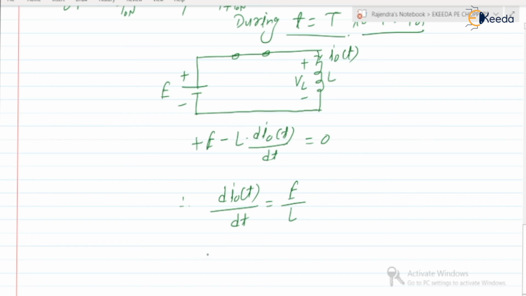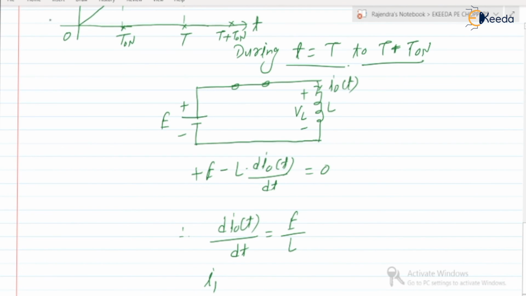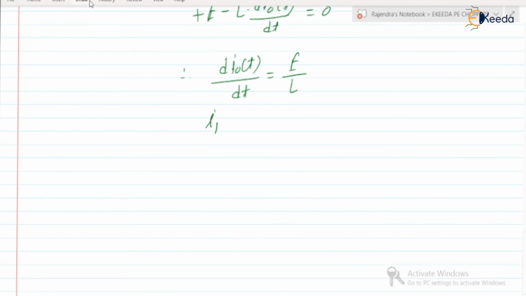So what is the di0 of T? It is nothing but I1, which we have considered as the value the inductor reaches while storing the energy, minus E by L into T on, divided by dt. Dt means what?